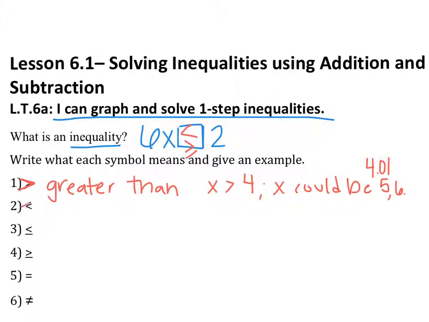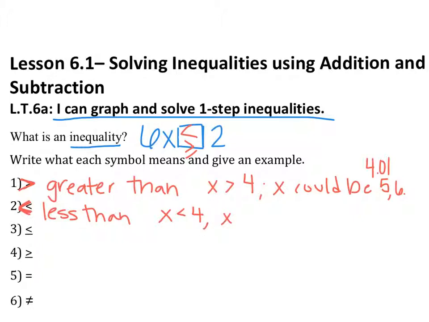This next one right here is the less than sign. I remember that this is less than because this looks more like an L to me than the first one does. If I were to tilt this a little bit, it would be like an L. So if you tilted your screen to the left, that's going to look more like an L. If I have x is less than 4, what are some numbers that x could be?